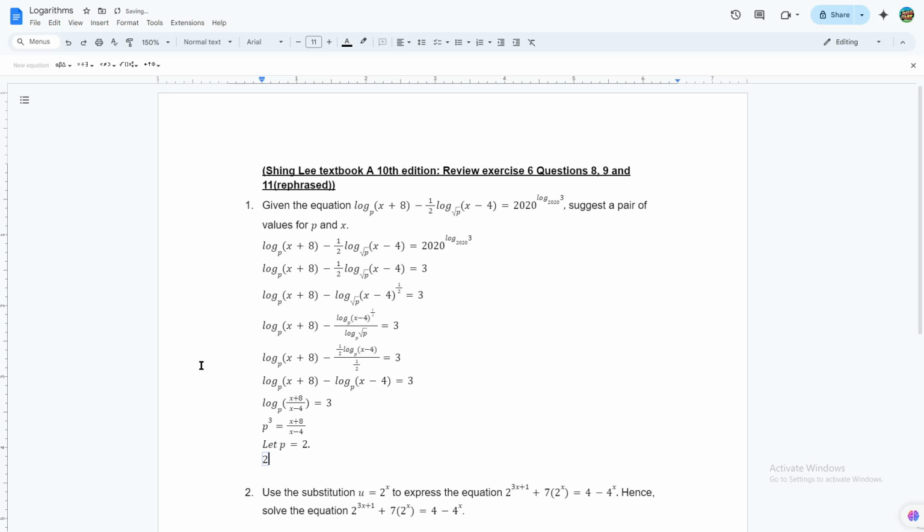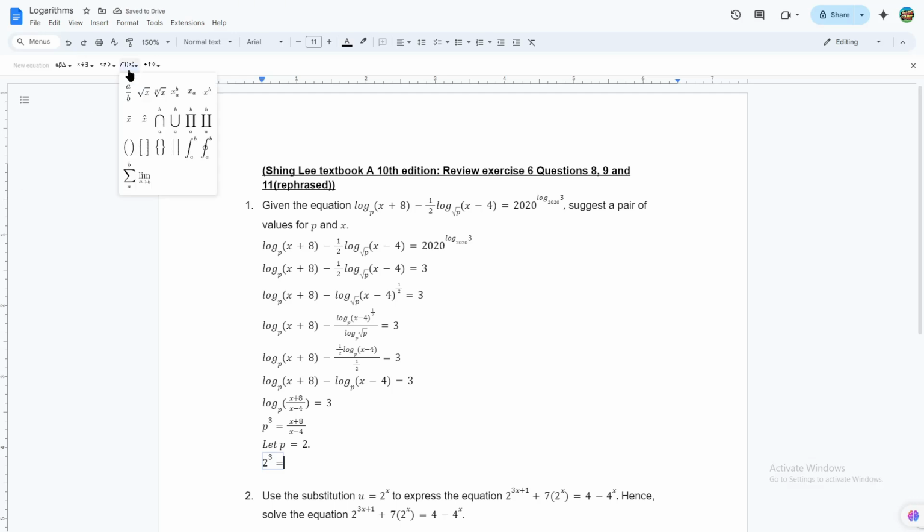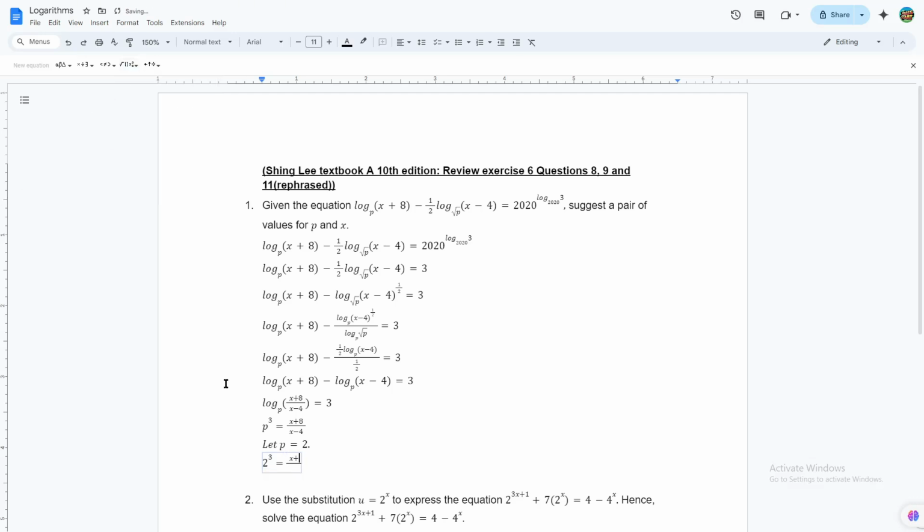So 2 to the power of 3 equals the fraction (x plus 8) over (x minus 4).